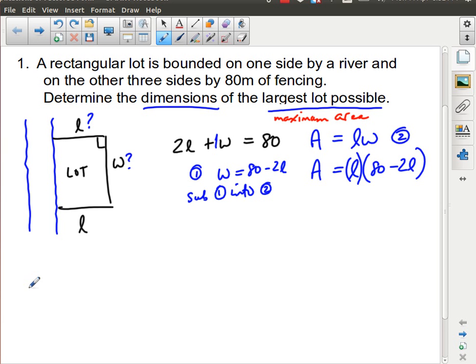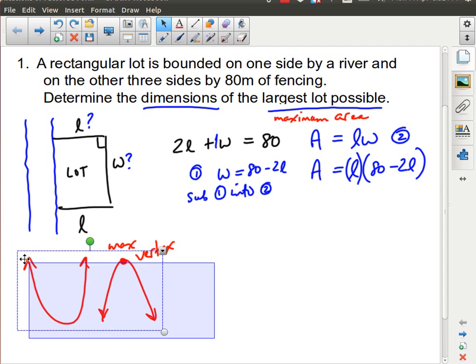If it's quadratic, it could be a parabola opening up or a parabola opening down. For it to have a maximum, it's going to have to be this one. And where is that maximum going to occur? It's going to occur right here, and that point where it occurs is called the vertex. So we are interested in the vertex of this. So let's take some of these away.